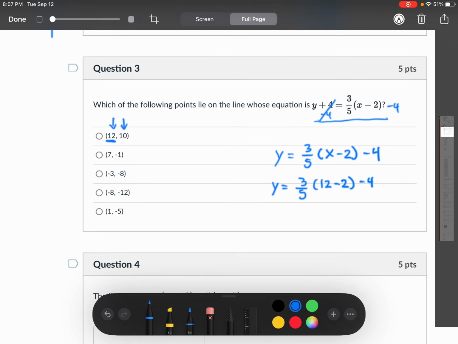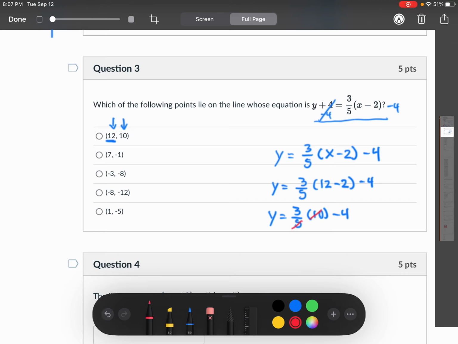Now I'm going to do the inside of the parentheses first. So this would be 3/5, see, 12 minus 2 is 10, minus 4. Now 10 times 3/5 would be the same thing as 30 divided by 5, or you can also do it like this.